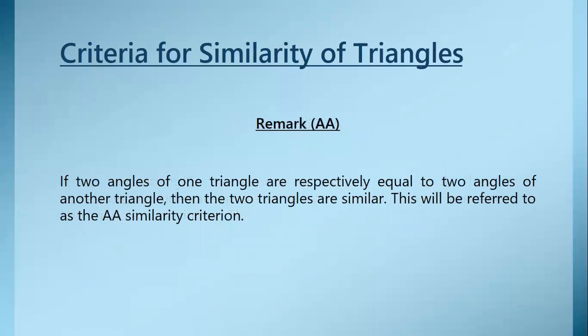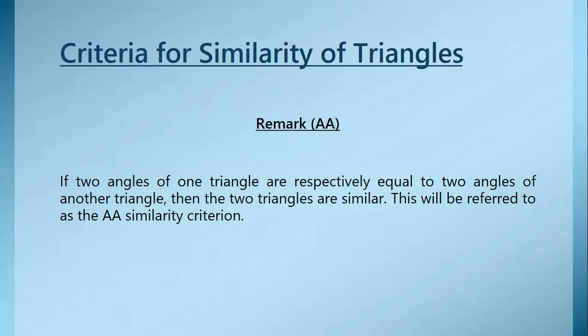Now, we know that for a triangle, total angle is 180 degrees. If two angles are equal, then by angle sum property of the triangle, we can say that the third angle is going to be equal whatsoever. So, it is not necessary to prove all three angles to be equal. If you can prove just two angles to be equal, even that would suffice for similarity.